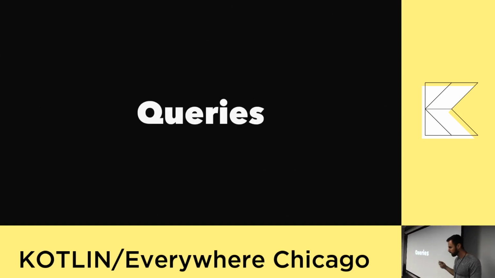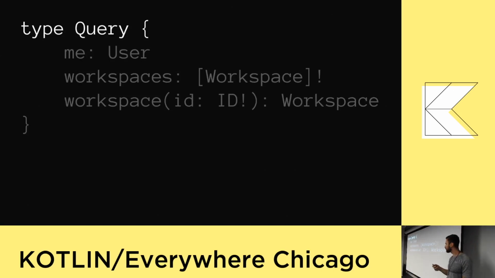The second thing you do is say, how do I want people to ask for this data? How do I want people to query for it? Interestingly enough, the query type in GraphQL is just a reserved type. It's not something special. So this looks exactly like when you define your types. Again, it's just a type. It's the query type, the special reserved type.